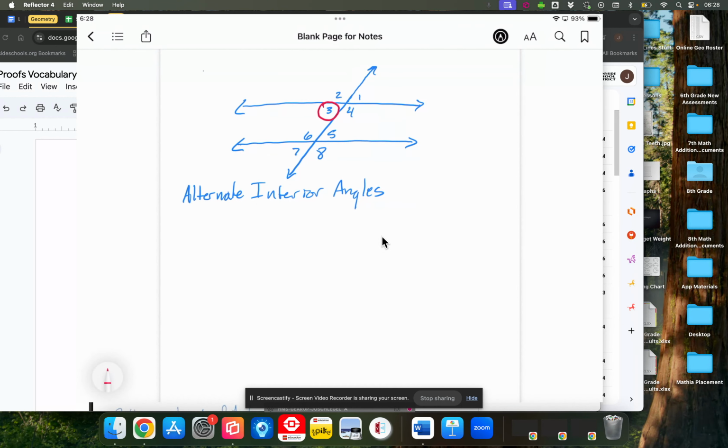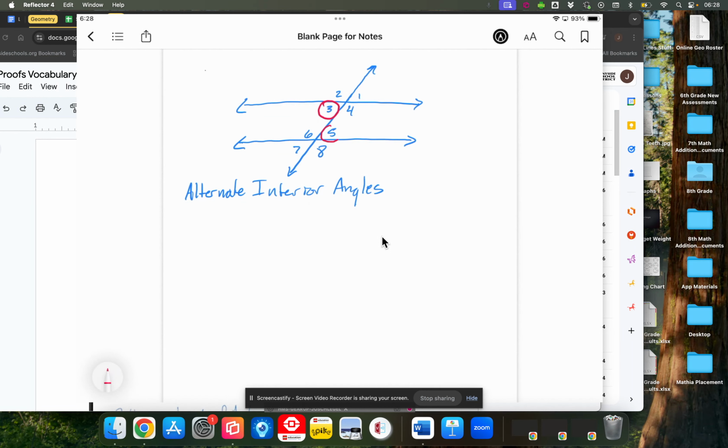Angle 3 is on the inside of the figure, and so is angle 4, but it is not on the opposite side of the transversal and touching the other parallel line. So 3 and 5 are alternate interior angles. They're on opposite sides of the transversal and opposite sides of the parallel lines.